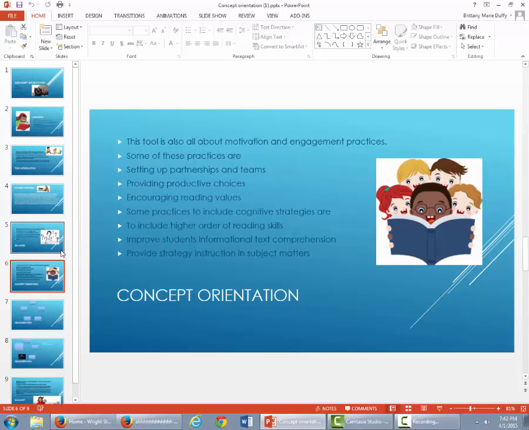Encouraging reading values is also really good, praising them when they're getting through the chapters. There's also cognitive strategies to this, which include higher order reading skills, improving students' informational text comprehension, and providing strategy instruction in subject matters. So all of this goes into concept orientation.